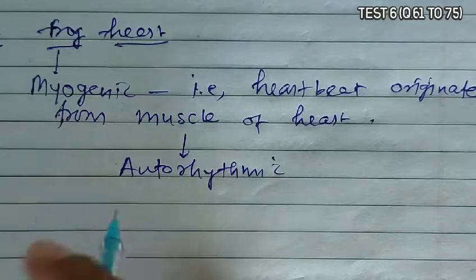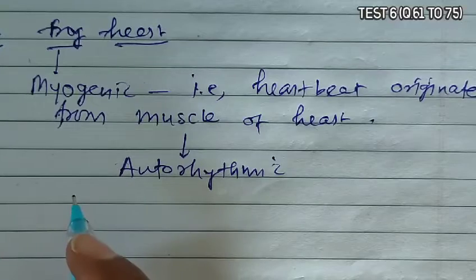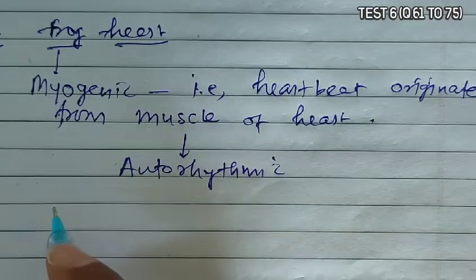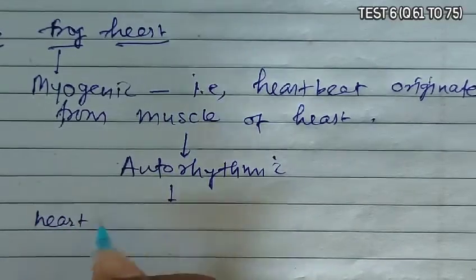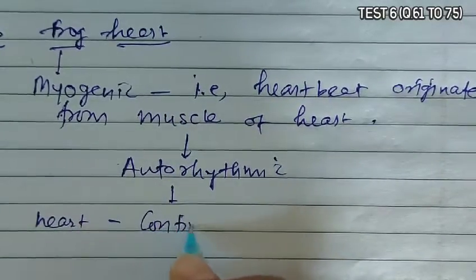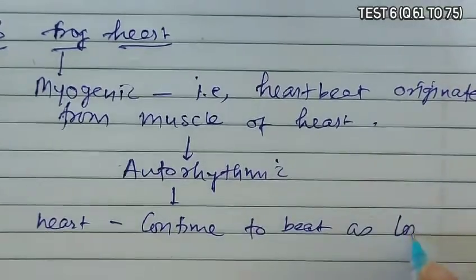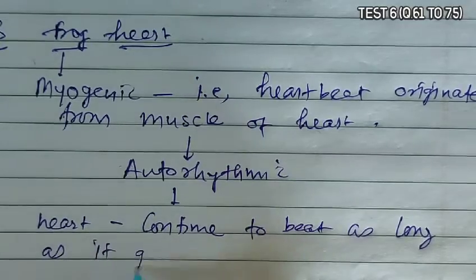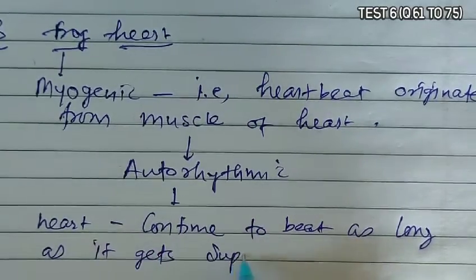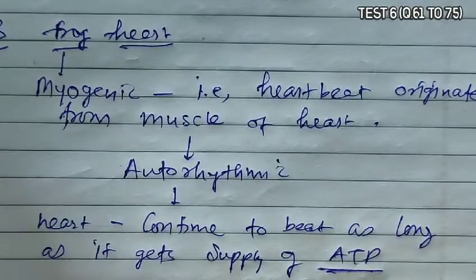The wave of contraction originates from the sinus venosus and spreads to the wall of the sinus venosus and both auricles. The heart will continue to beat as long as it gets a supply of ATP.